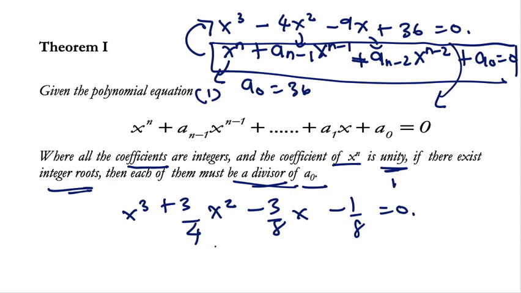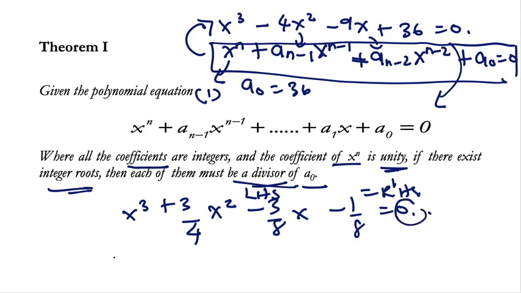In order for you to be sure that you can still apply theorem number 1, try to change the left-hand side here, make it integers, not fractions like this. It is possible to change that because we have an equal sign equal to 0. Whatever you multiply on the left-hand side will always equal the right-hand side, because whatever number you multiply here and also on the right-hand side, it is always 0.